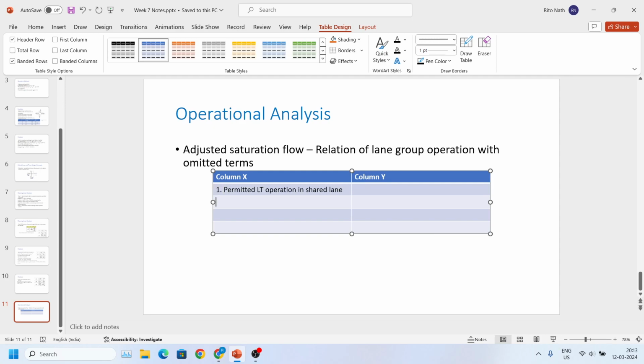Two is protected LT operation in shared lane.